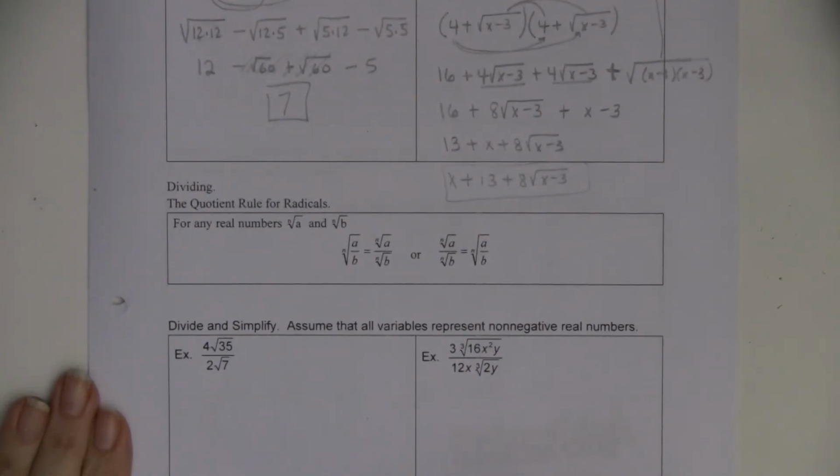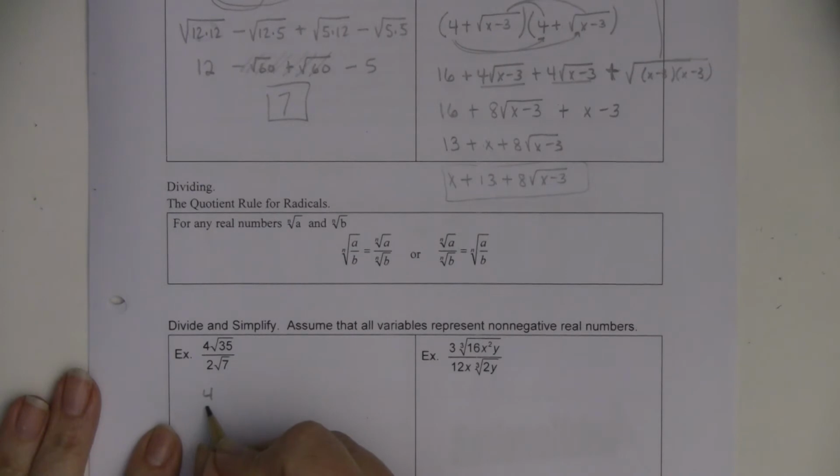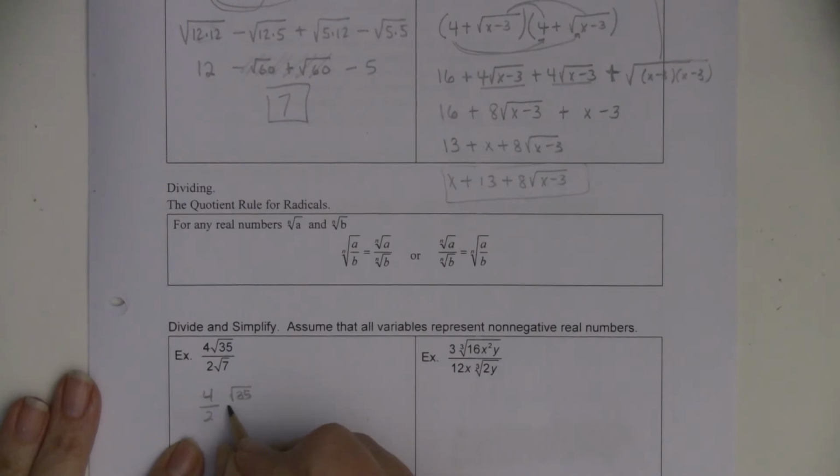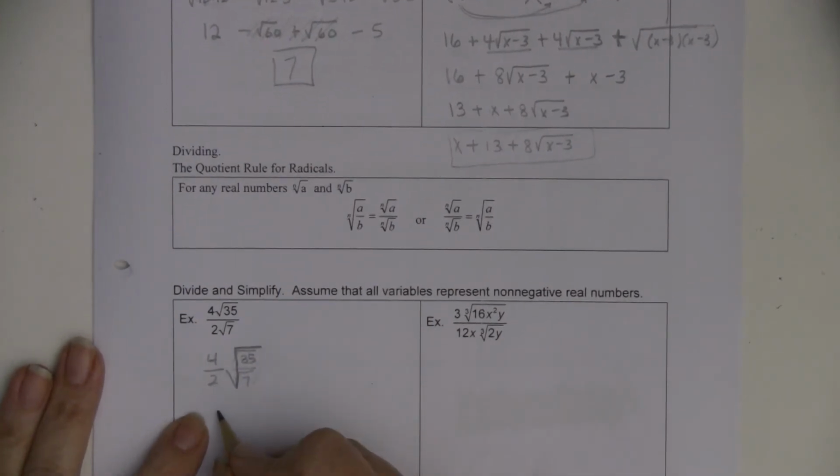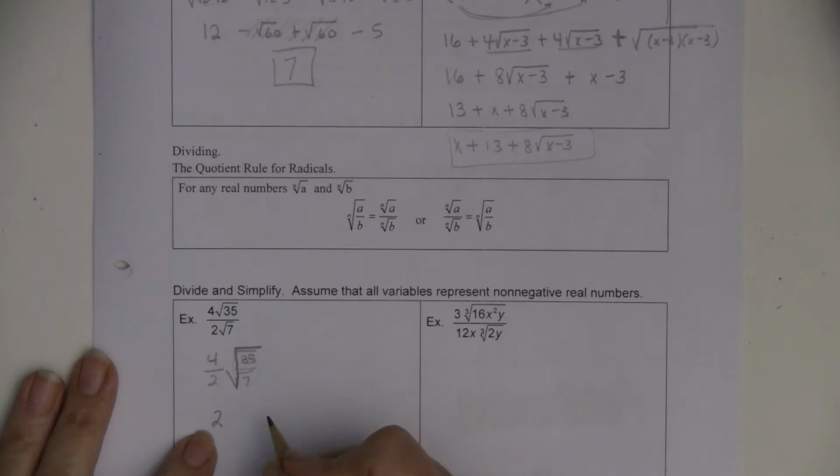And so here, this is my thought: I'm going to do 4 divided by 2, and I'm also going to do the square root of 35 divided by the square root of 7. And this can be in 1 square root, so I can write this under 1 square root. So this becomes 2, 4 divided by 2 is 2, and the square root of 5.